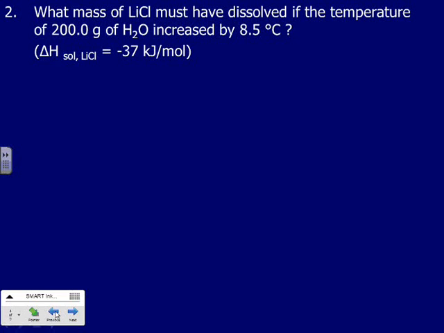Okay, let's look at number 2. Again, we're talking about physical changes. Again, we're dissolving some lithium chloride, and this time we're looking for a mass of lithium chloride. And we're given the molar enthalpy of dissolving for lithium chloride, negative 37 kilojoules per mole. All right? And we want to find the mass.